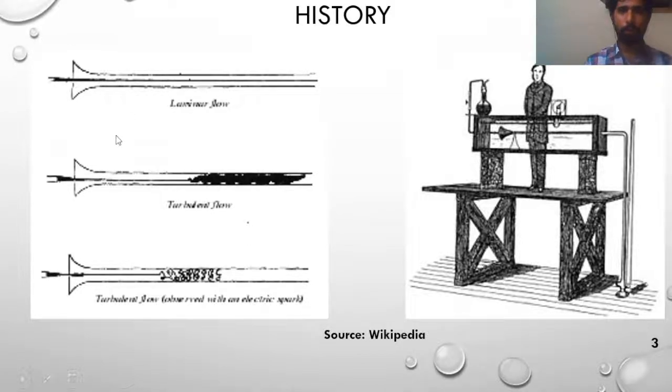Then the scientists observed that again turbulent flow was occurring with the same, smaller flow rate. When they also used different fluids, a thicker fluid like honey, whose viscosity is very high, they observed that even with the second flow rate, the flow was laminar, going in a straight line.